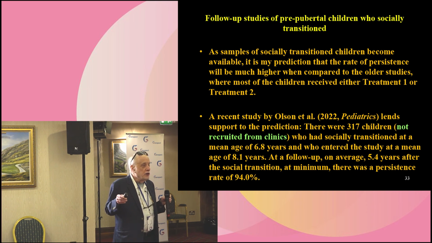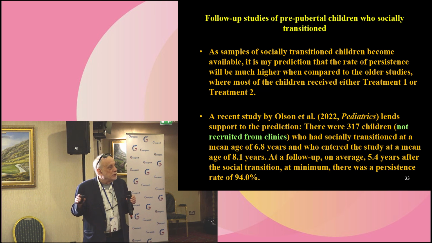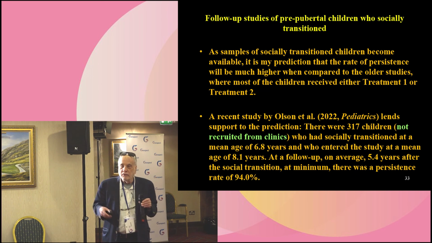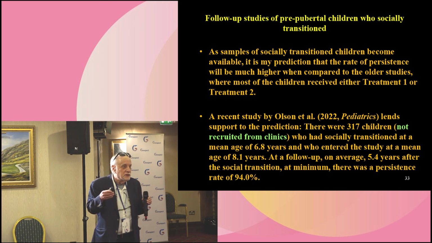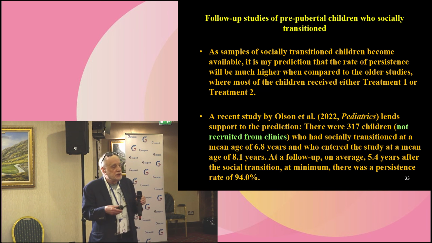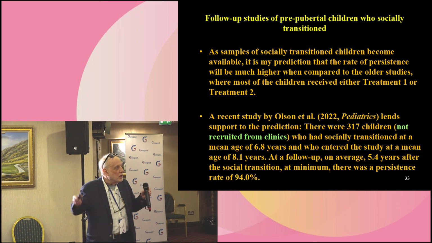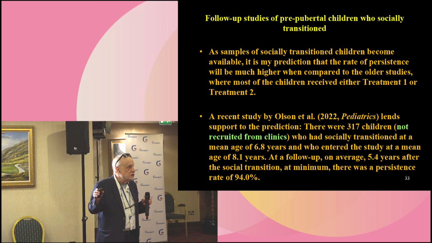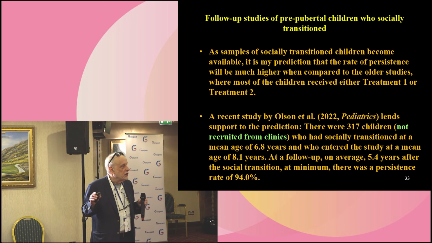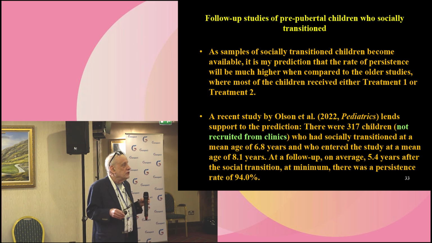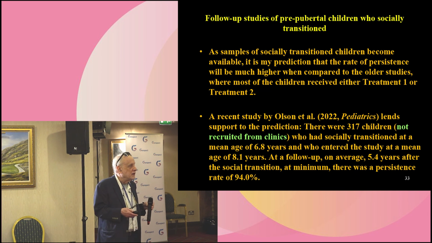In her study, there are 317 children not recruited from clinics. So they're recruited from Facebook pages, meetings of parents who have kids who have socially transitioned or are thinking about it, word of mouth, snowball sampling, that kind of thing, who had socially transitioned at a mean age of 6, entered the study at a mean age of 8, followed up on average 5.4 years later, so beginning of adolescence.